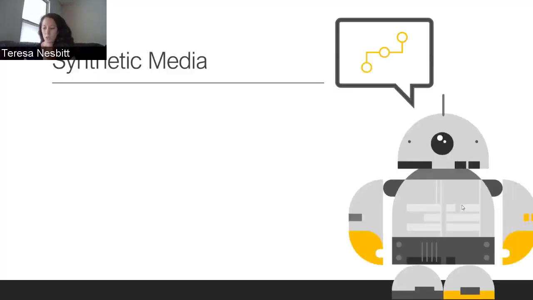Okay, so let's talk about what we mean by synthetic media. This is a very narrow subset under the AI umbrella. I really struggled when coming up with this presentation with the range of focus that I wanted to cover, because there's so much that you could talk about in terms of the intersections of AI and information literacy.